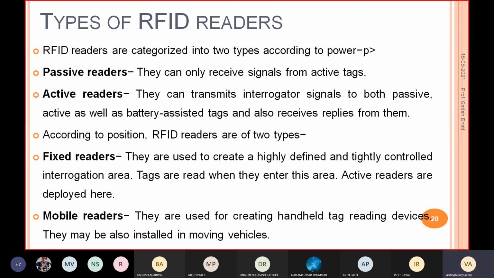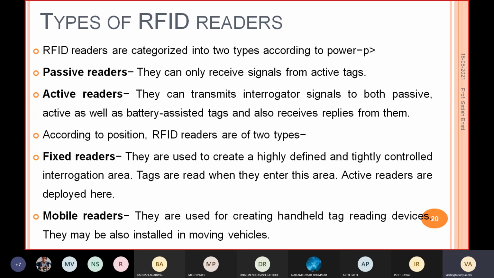That is only possible when you want to create a tightly controlled area, meaning you don't want to change the range of your area. The tags are read when they enter this area, and active readers are deployed here. Generally, fixed readers are active readers.